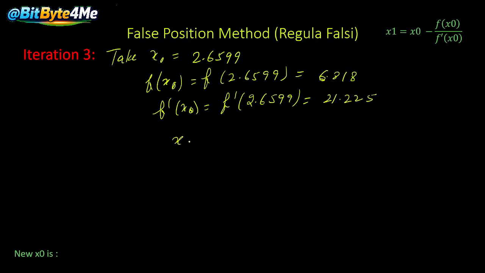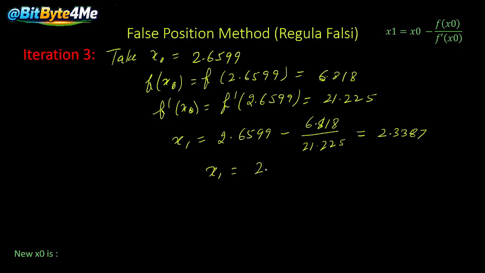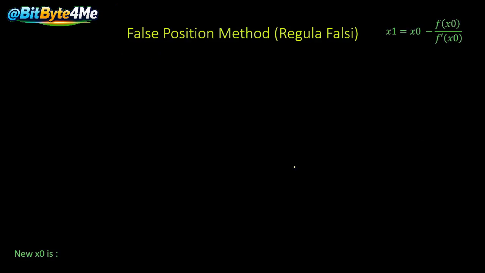So the value of x1 will be 2.6599 minus 6.818 divided by 21.225. If you solve it, you will get 2.3387. So for the next iteration, this value will become x0, 2.3387. Now move to the next iteration.